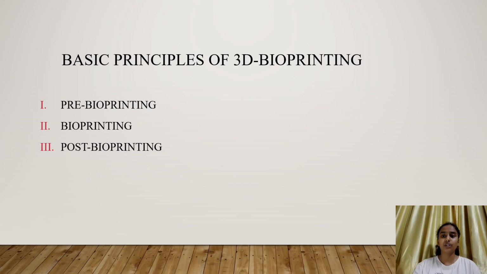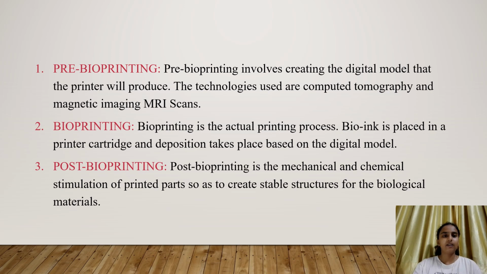Basic principles of 3D bioprinting: pre bioprinting, bioprinting, post bioprinting. First one is pre bioprinting. Pre bioprinting involves creating the digital model that the printer will produce. Technologies used are CT and magnetic resonance imaging, MRI scans. Second one is bioprinting. Bioprinting is the actual printing process.